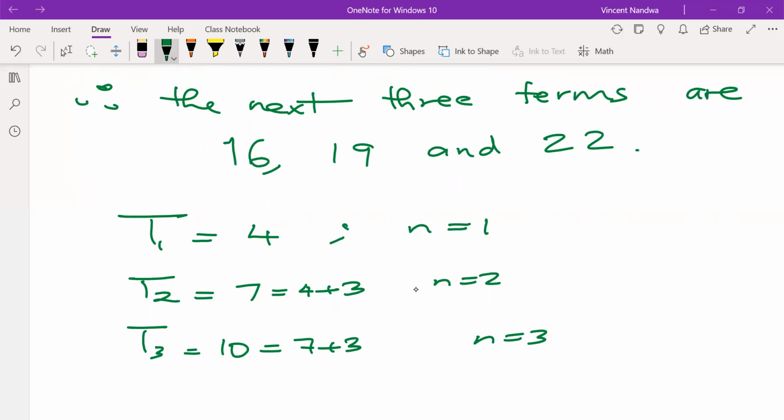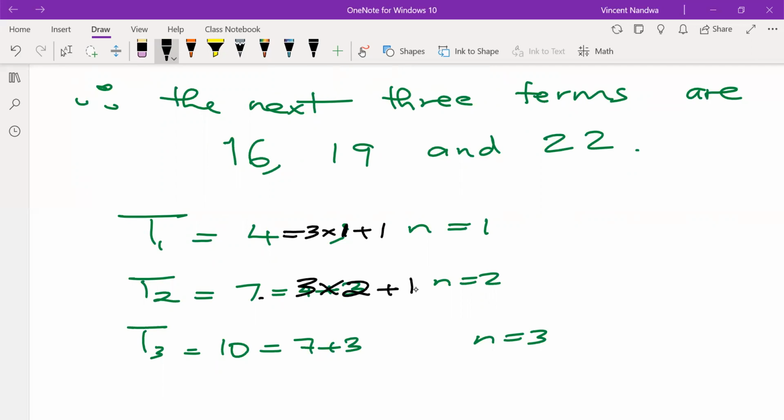So to get this number 4, we can write it as 3 times 1 plus 1. And then this 7 can be written as 3 times 2 plus 1.